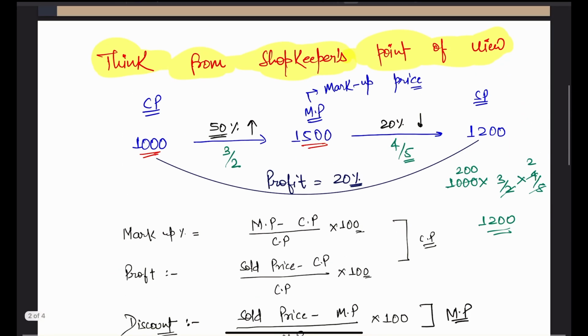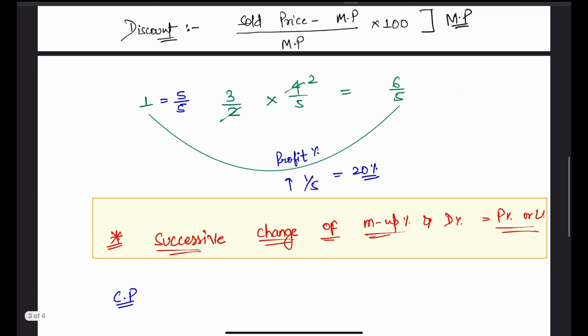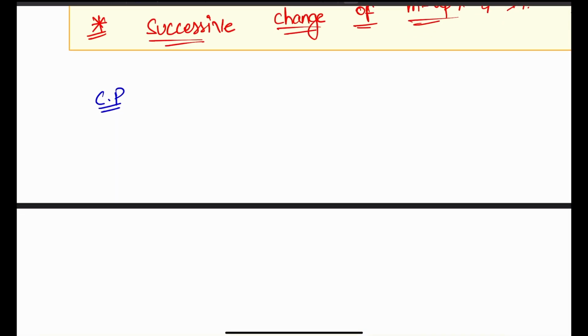So suppose a person is buying, or always think from the shopkeeper's point of view. The shopkeeper is purchasing a good for, suppose, 2000 rupees. He knows that he needs to give a discount.